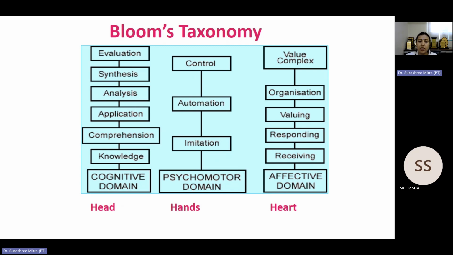The second domain is the domain of hands, the psychomotor domain. The 3 sublevels are imitation, automation, and control. The third domain is the affective domain, the domain of heart, which has 5 levels: receiving, responding, valuing, organization, and value complex.